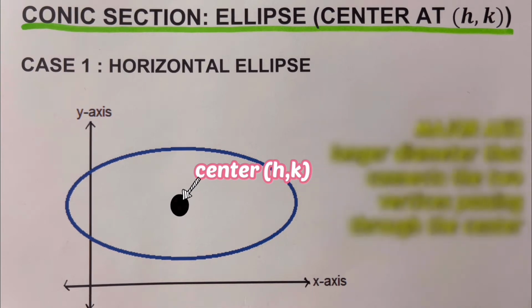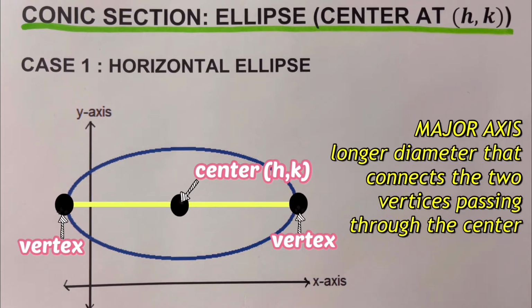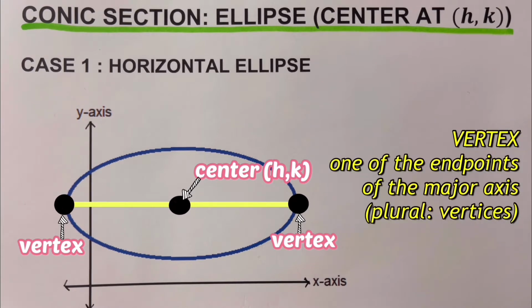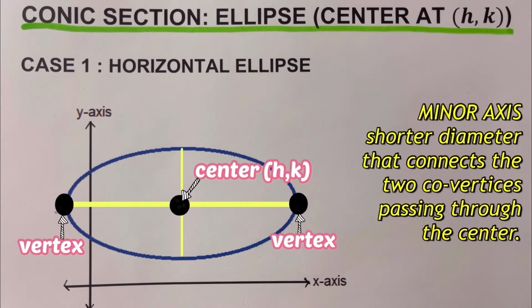Another part is the major axis. The major axis is the longer diameter. This is the line segment that connects the two vertices passing through the center. On both ends of the major axis is a vertex. A vertex is the endpoint of the major axis, and there are two of them, so we call them vertices. Another part is the minor axis.